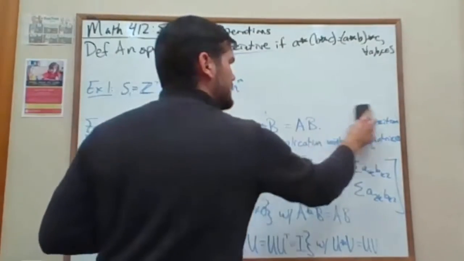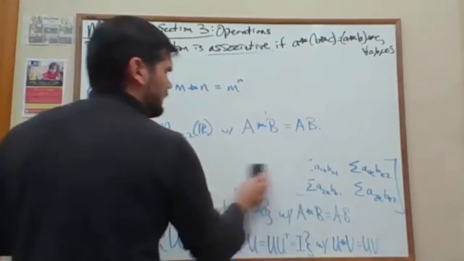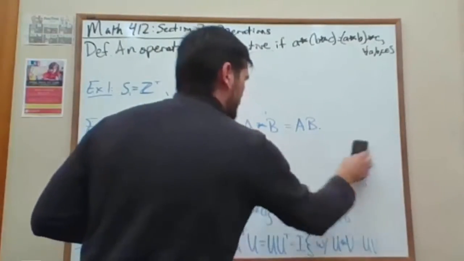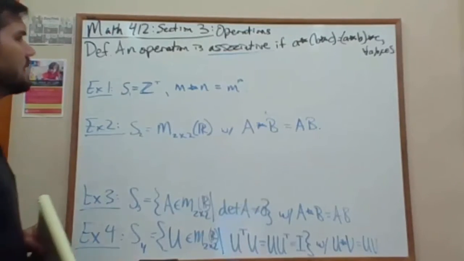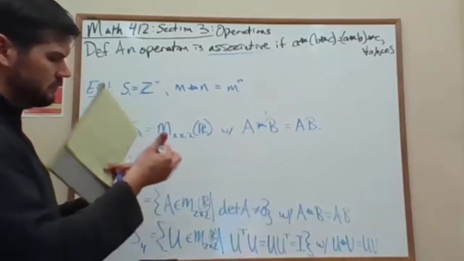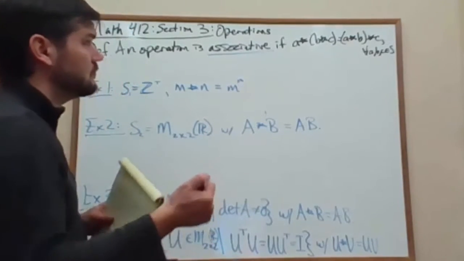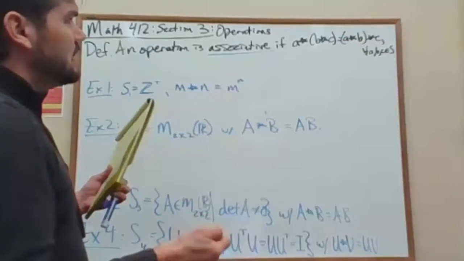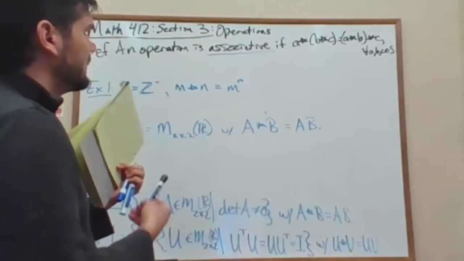I'm going to erase the commentary. We know how to work with multiplication. Okay, so is exponentiation associative? Well, let's try out an example here.